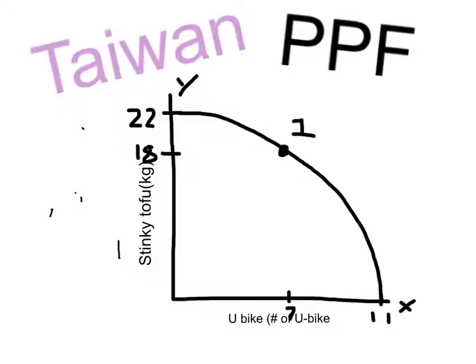In our next dot, let's say we are creating 4 kilograms of tofu and 11 U-bike at the same time. And our third dot is inside the PPF curve, and our fourth dot is outside the PPF curve.